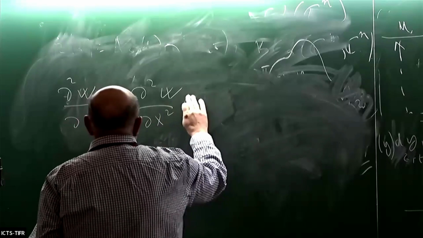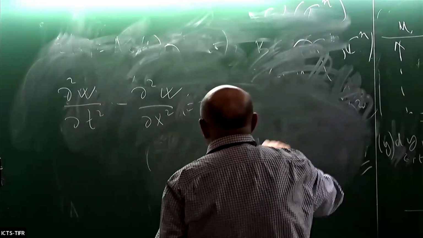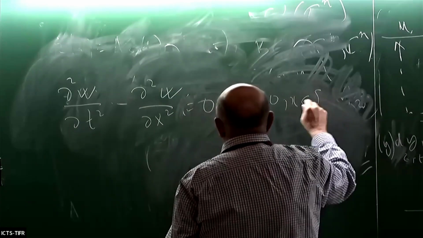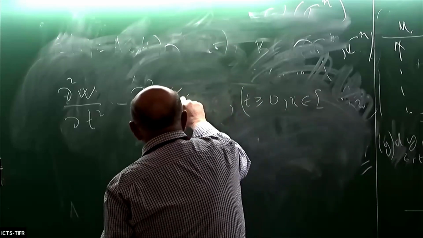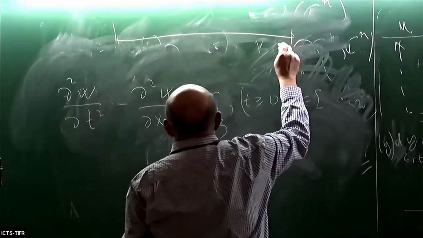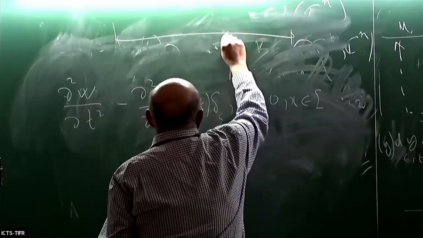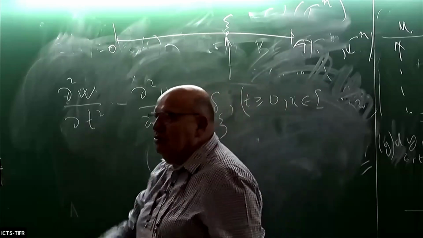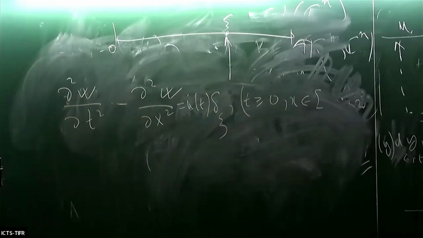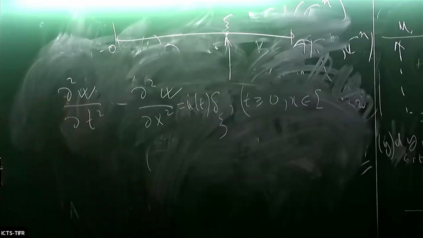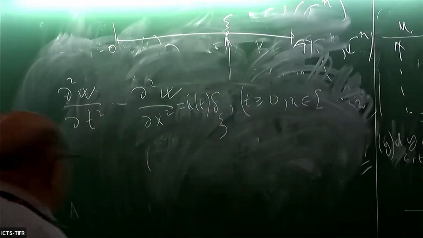Is equal to 0, so that's a string equation. For t positive, x again in the interval, I add a pointwise force. So I have a string, imagine a violin string. You want to play some music, and then you push with your finger at x equal to psi, and you assume that you just push at one point, which is of course not necessarily realistic.